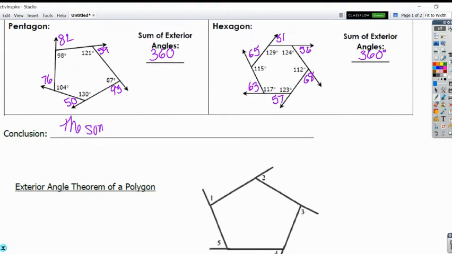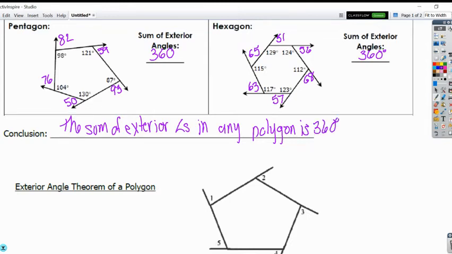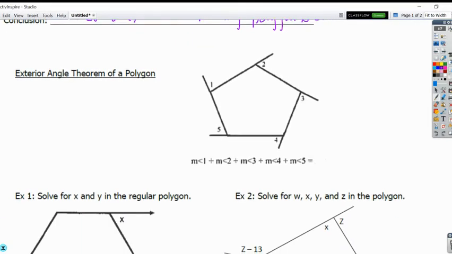I'd say that the sum of the exterior angles in any polygon is 360 degrees, right? We just showed how that works for 4 of them. This also holds true. It actually is called the exterior angle theorem of a polygon.